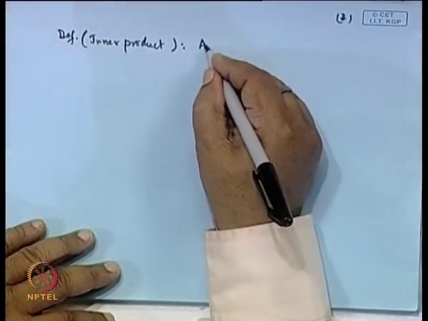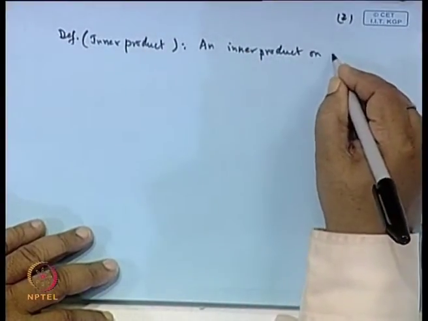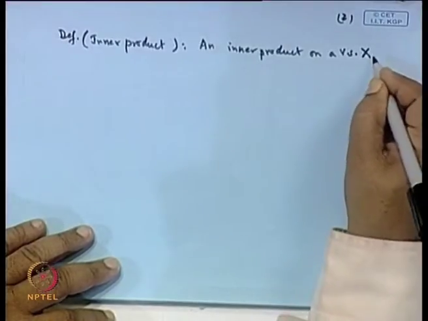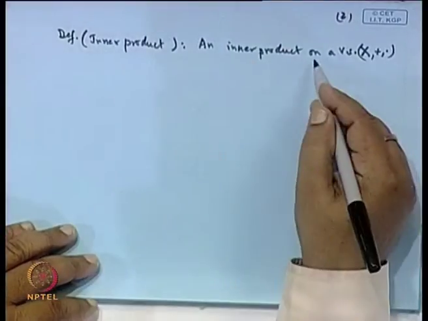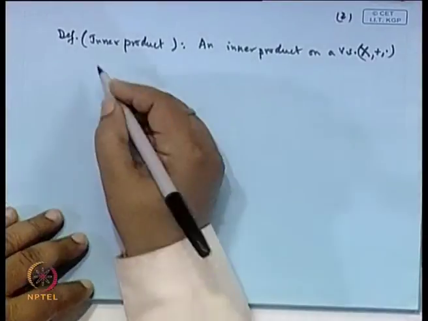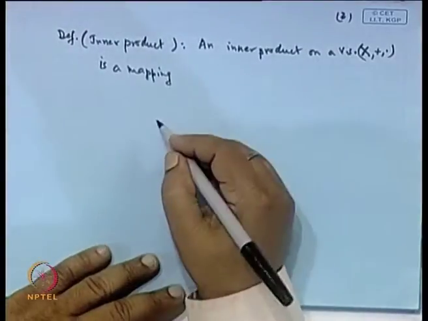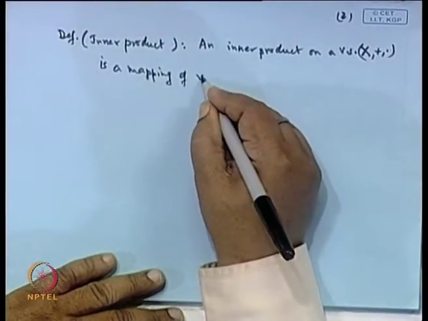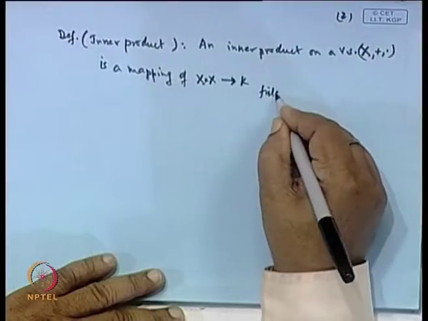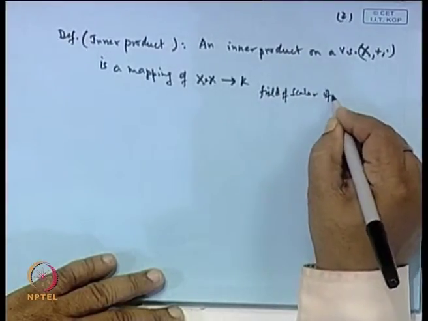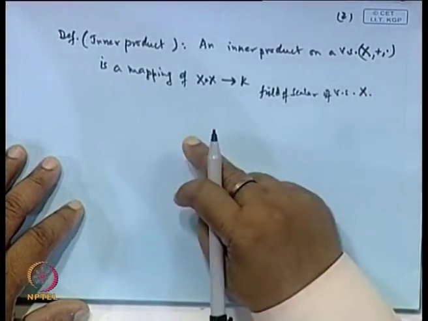An inner product on a vector space X, with plus and dot as the operations, is a mapping of X cross X to K. K is the field of scalars of the vector space X, because when we say X is a vector space, then there should be a field attached to this.